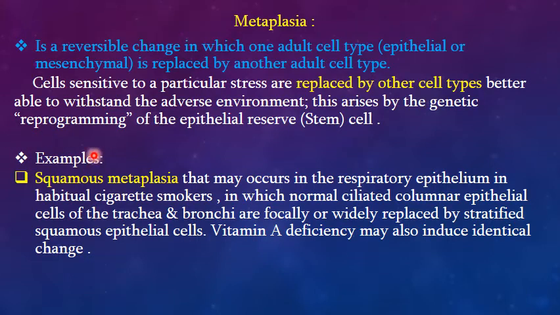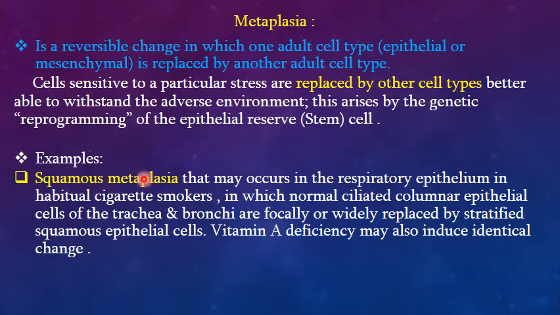As examples, the first one is squamous metaplasia. When should we see squamous metaplasia? Squamous metaplasia may occur in the respiratory epithelium. The important example of this is in cigarette smokers. When there is normal ciliated columnar epithelium lining the respiratory tract, the trachea or bronchi, the normal ciliated columnar epithelium is replaced by squamous epithelium.